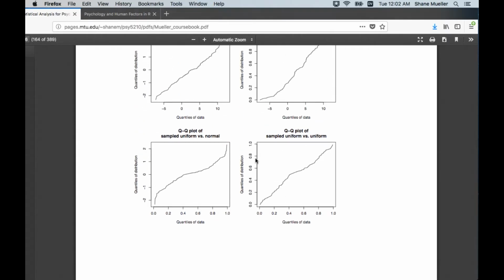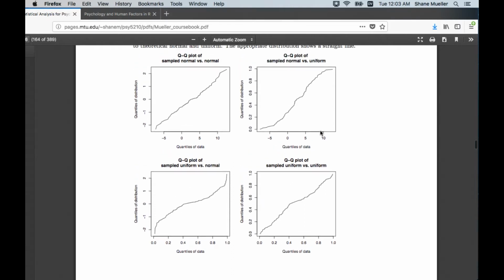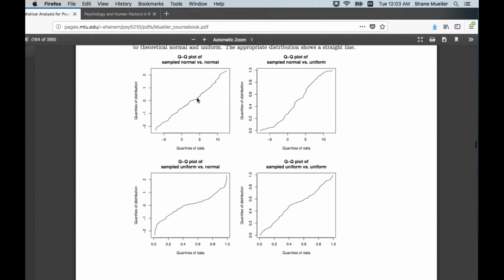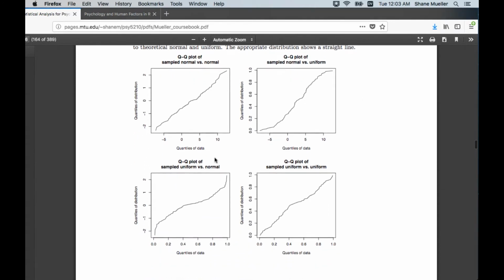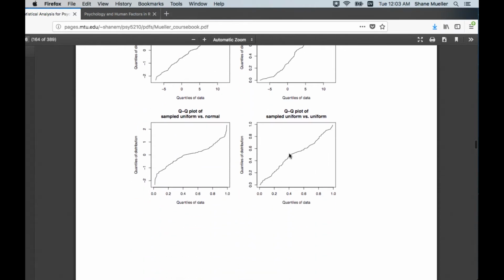So when we're selecting our model of the world and we're basing it on, say, a normal distribution, we want to verify that we're correct. We want to verify that it's a reasonable model, and a QQ plot would be the minimum thing to look at. You could also look at the histogram, which might show you the same thing, but this might be a little easier.